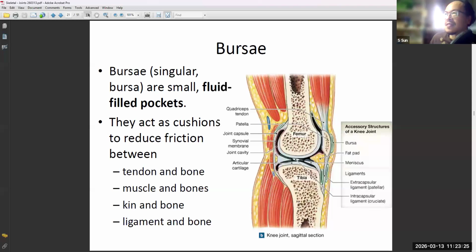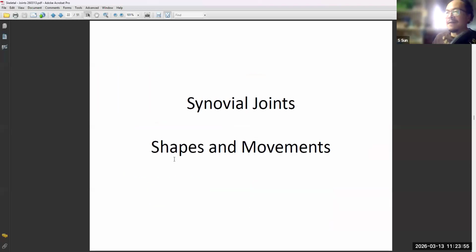Bursae is the plural, bursa is singular. Bursa right here, bursa right here. You can find a bursa between tendon and bone, muscle and bone, skin and bone, and ligaments and bones. So between those spaces, bursa. So that's that. All right.